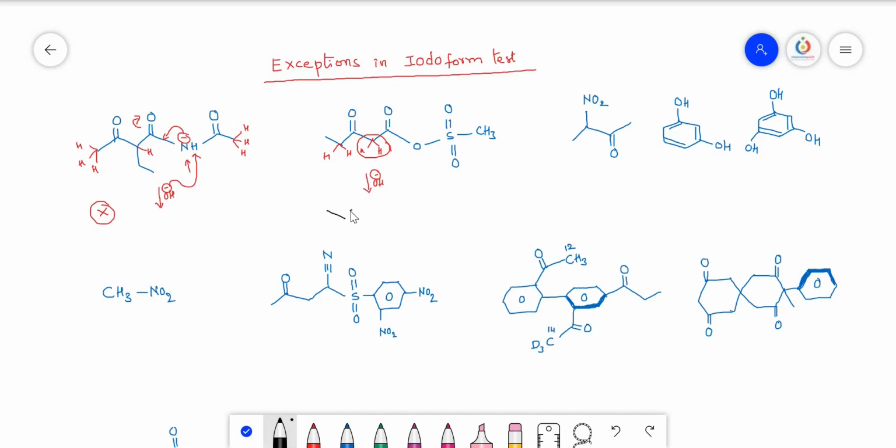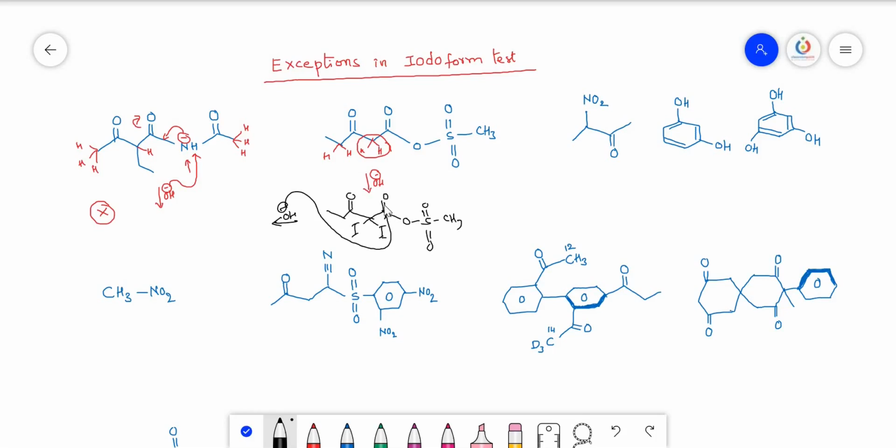You just see here. After reacting with the iodine, if you imagine these two iodines are connected to this particular carbon, and if OH minus ion tries to attack now, this OH minus ion will attack over here, not over this particular carbonyl carbon.